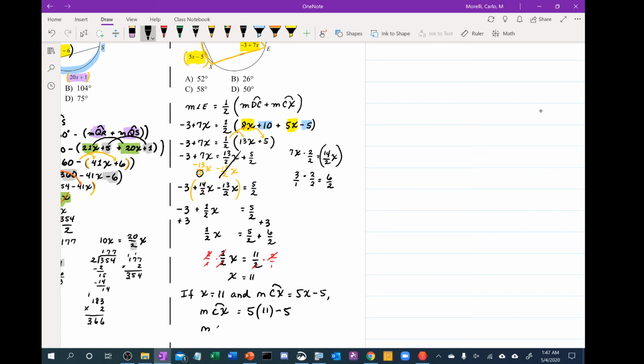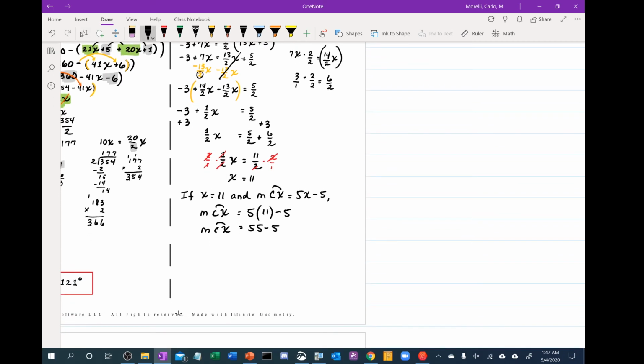So the measure of arc CX is equal to 55 minus 5, which is just 50. So it should be the measure of arc CX equals 50 degrees.